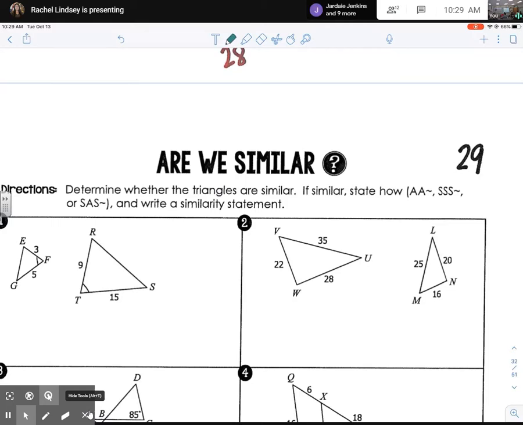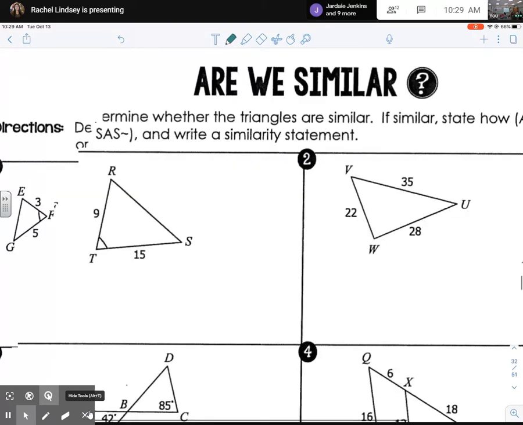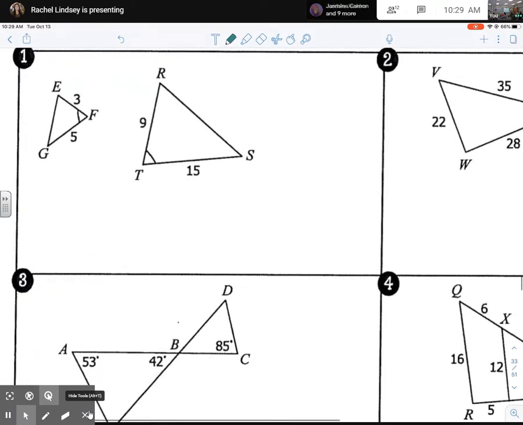So let's do number 1. I have 2 sides and an angle, so what's the only thing it could possibly be? Side angle side. So right off the bat, I know it's probably gonna be side angle side if it is similar. So I'm gonna go ahead and write that, and then if it's not similar, I'm just gonna mark it out. So, gotta do small, large, small, large.